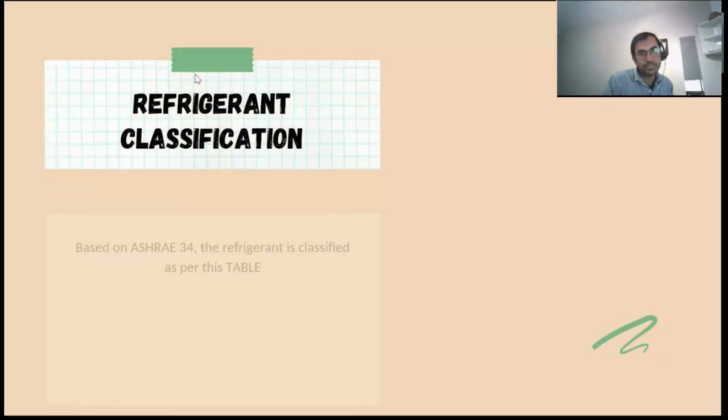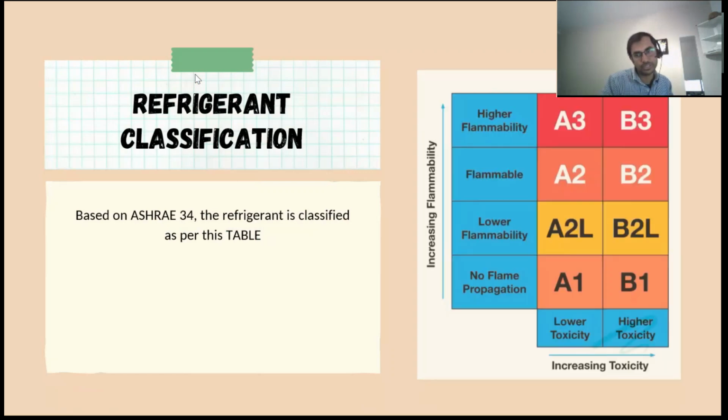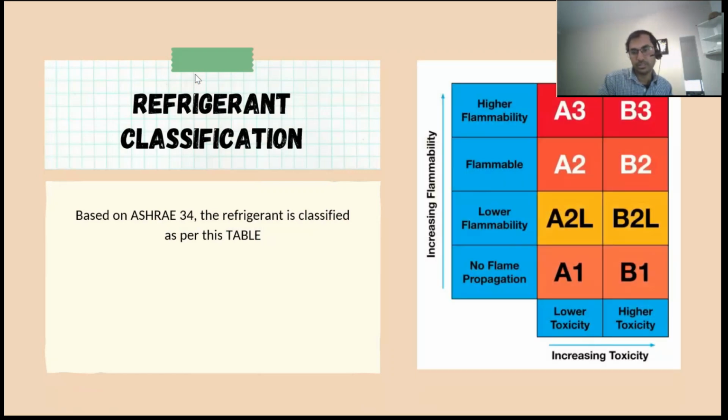Refrigerant classification. Based on ASHRAE 34, the refrigerant is classified as per this table based on flammability as well as toxicity. This is one of the most important tables, and a lot of questions come from it in competitive exams. So if we know these things, it will definitely be better. This is basically the increasing toxicity.